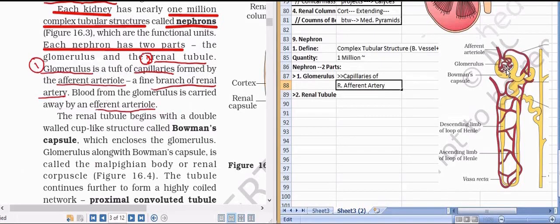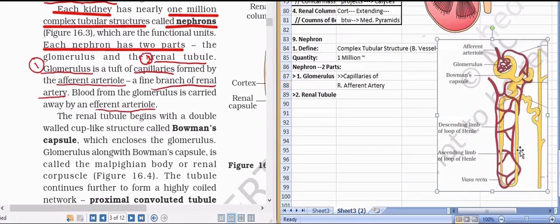Again, whatever blood is coming is filtered, and the remaining blood will be sent out with another continuation blood vessel. It's called the efferent arteriole. So everything is artery only. While going away, this will be called a vein. Actually, it's a type of cell. You understand this? This tubule itself is a cell.